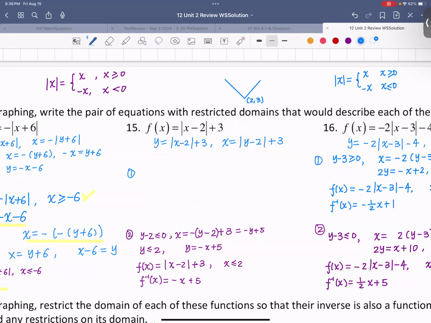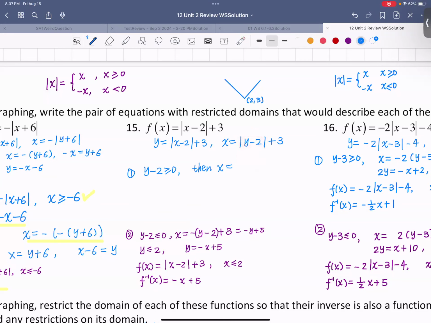Yes? So, y minus 2 is greater than or equal to 0. Then x will be, oh wait. The guy inside is positive. The positive guy, after the absolute value, you can ignore the absolute value if you know it's already positive.